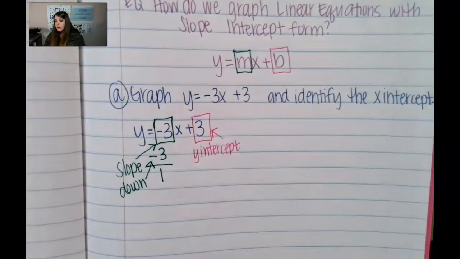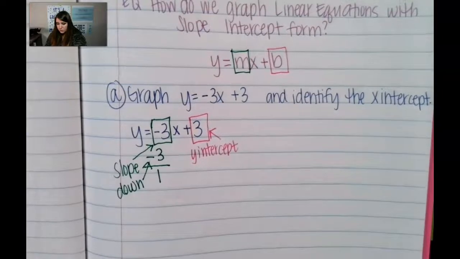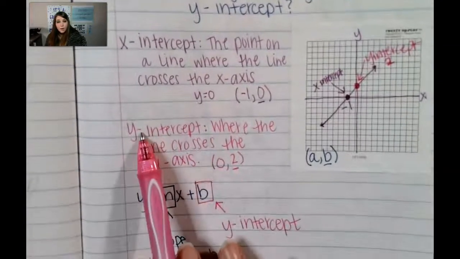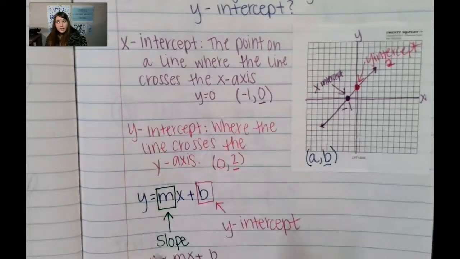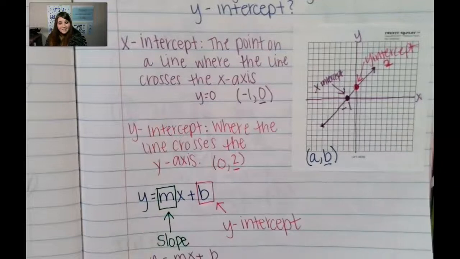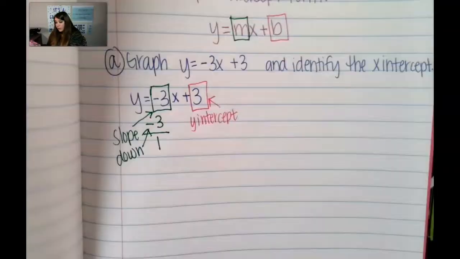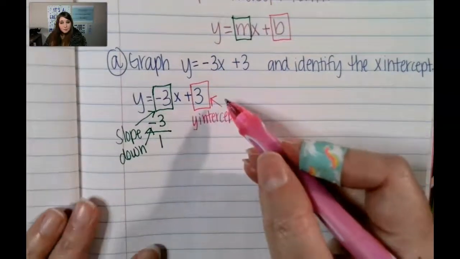So in our previous lesson, we were able to use some vocabulary. We know that when the line is crossing the y-intercept, the x value is 0. So we're going to make an ordered pair using that information.